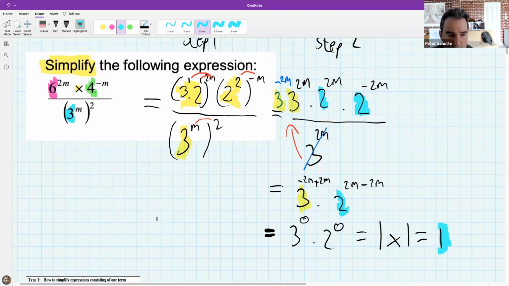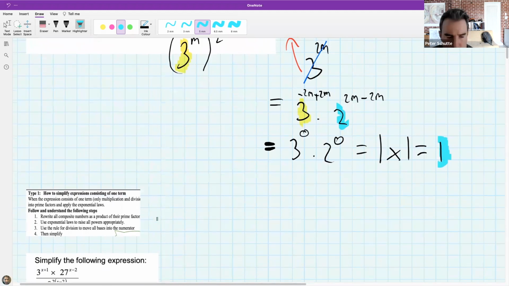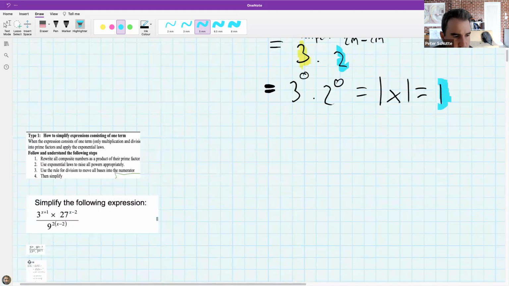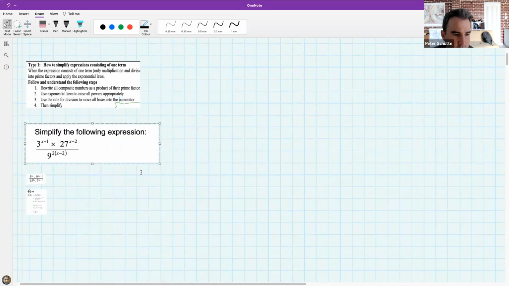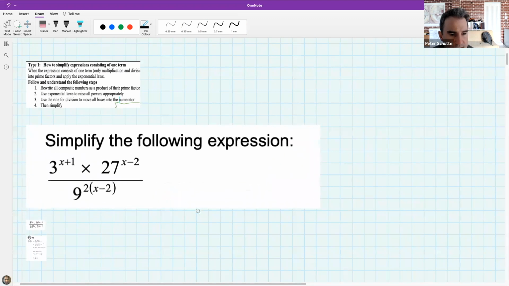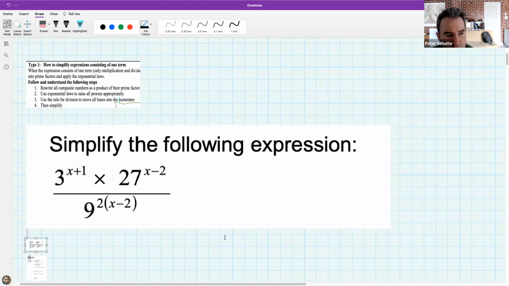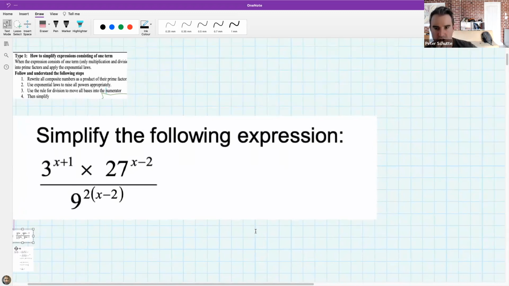Let's see if we can do a question. There's a little cheat sheet here. In fact, we'll look at that afterwards. Let's look at the question first. You can always read the cheat sheet if you want, but see if you can start to solve this problem. I'm going to give you 2 minutes to work by yourself.